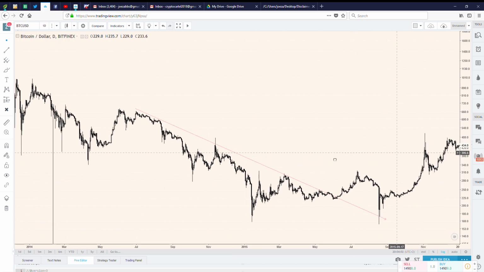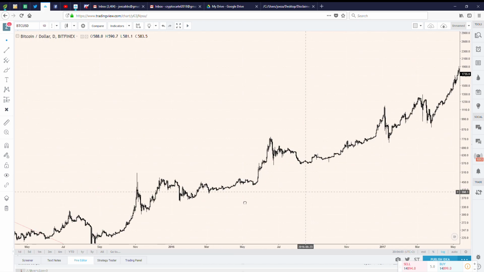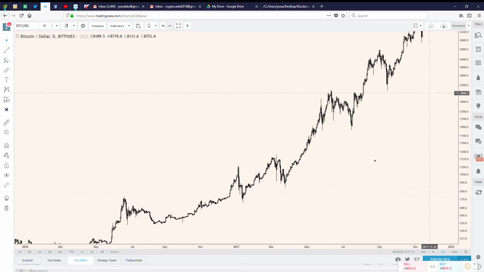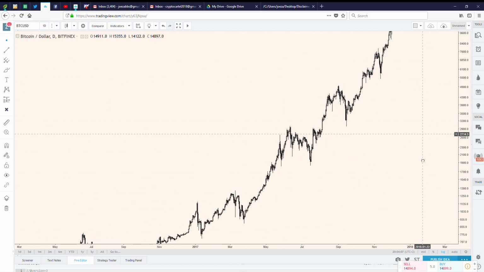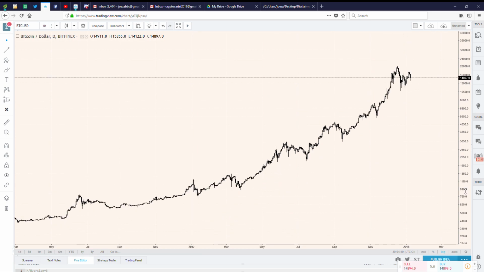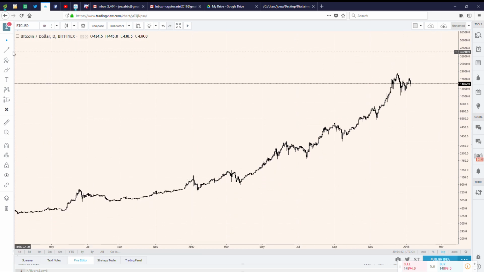One thing I want to quickly go through is channels, so that we can get that all done in one lesson. Channels are basically just parallel lines.